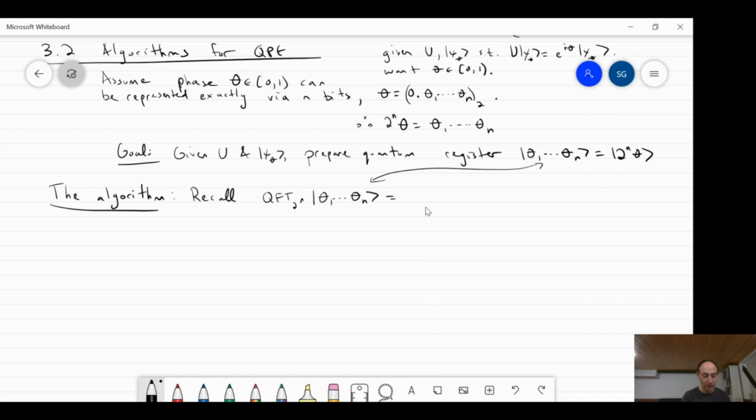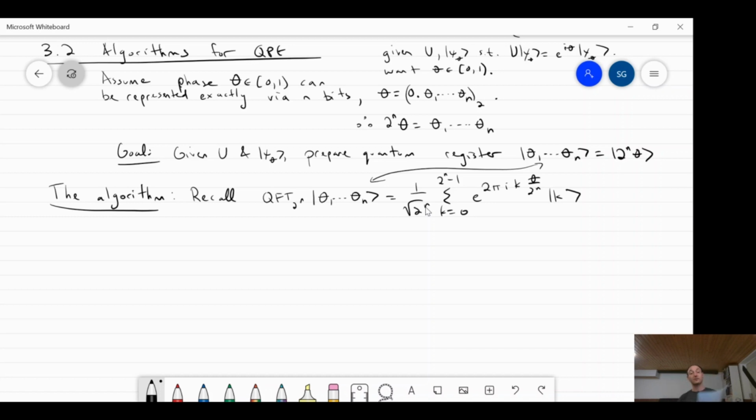Then remember the straightforward formula was 1 over root 2 to the n, sum over k equals 0 up to 2 to the n minus 1, and e to the 2 pi i k theta over 2 to the n, k.